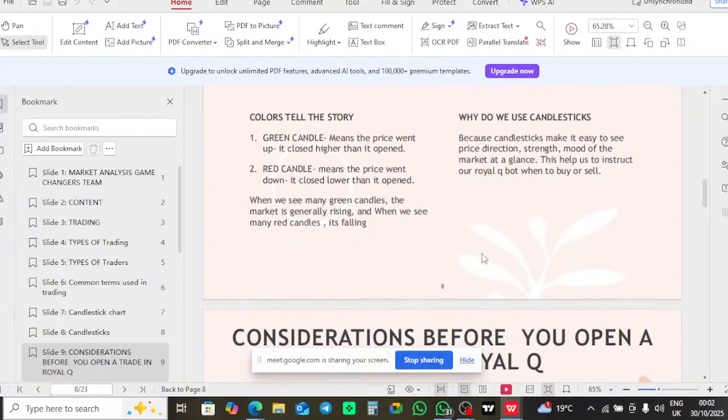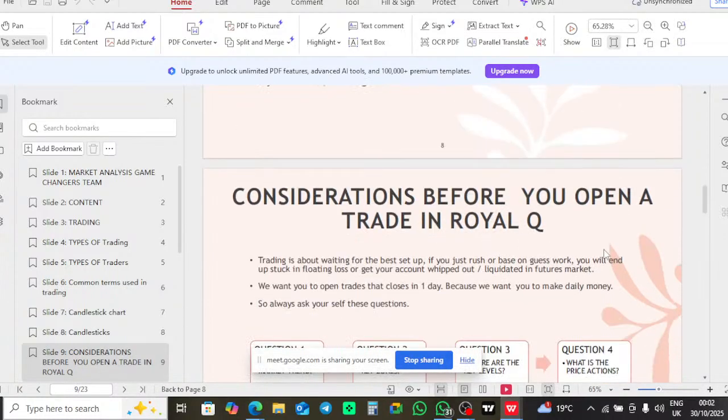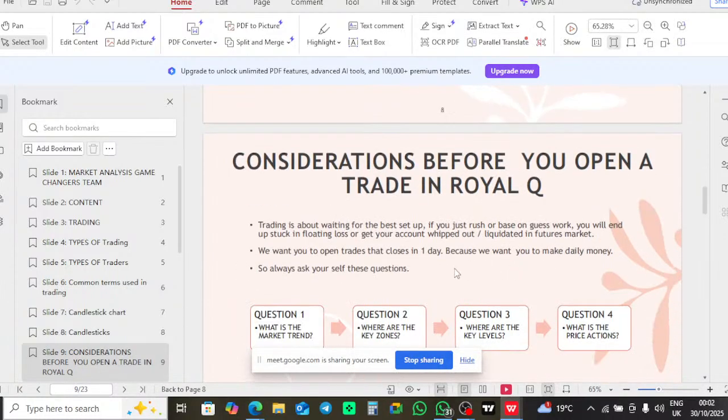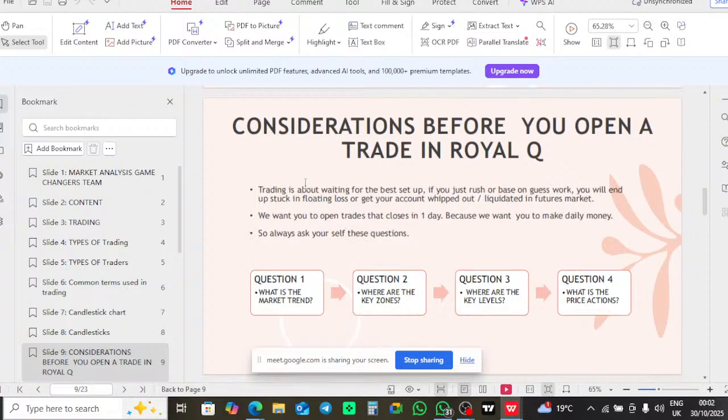Okay, that is it. Consideration before you open up a trade. Trading is about waiting for the best setup. If you just rush or based on guesswork, you will end up being stuck in floating loss. Are we together? Or if you are trading futures, you will end up being liquidated.